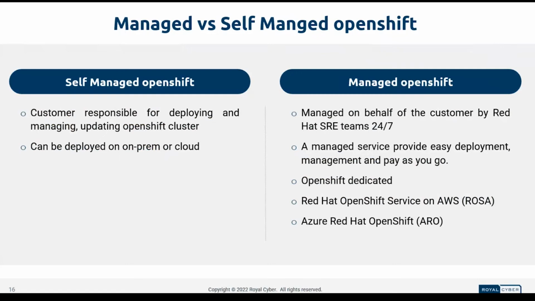You only have to pay for your usage, either for cloud provider resources or for a Red Hat subscription. Examples of managed OpenShift are OpenShift Dedicated, Red Hat OpenShift Service on AWS, and Azure Red Hat OpenShift.